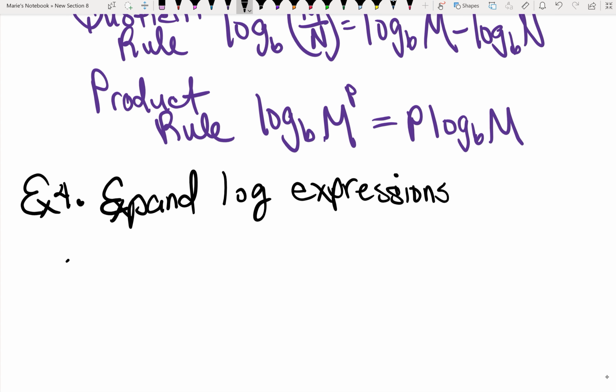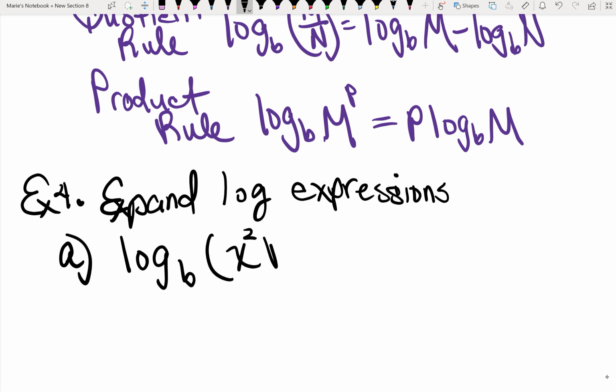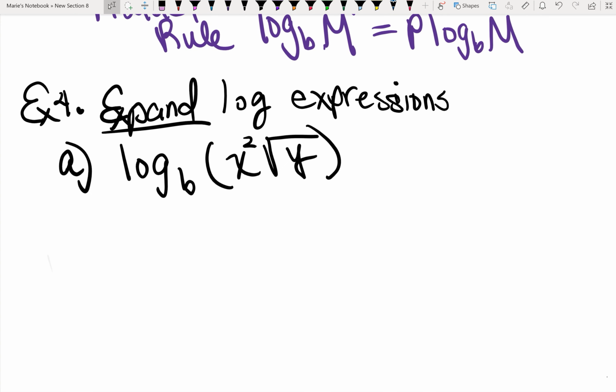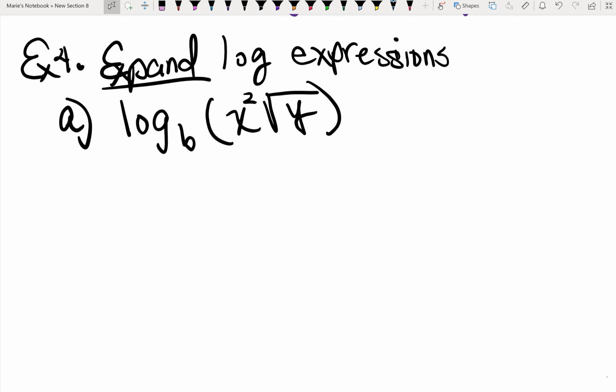And so they start us with example A. I'm just going to do one at a time because they take a little bit of space. So they give us log base b of x squared times the square root of y, and the request is to expand it. All right, and so here's what I notice immediately.